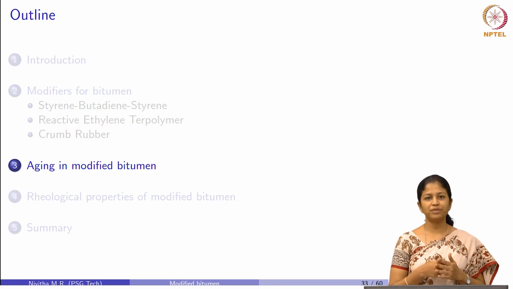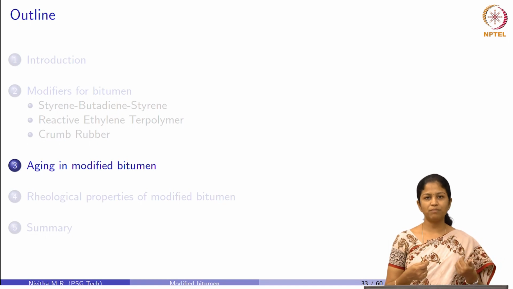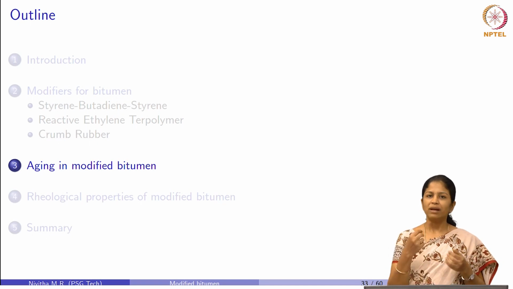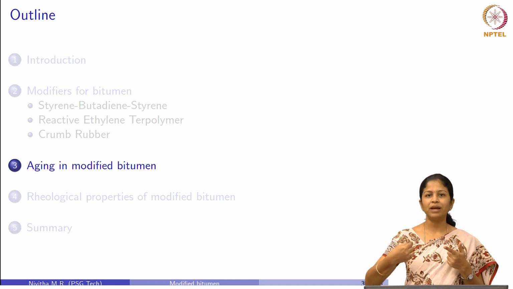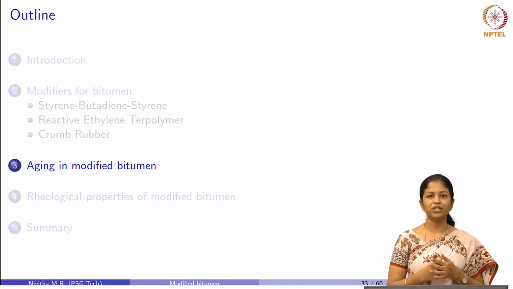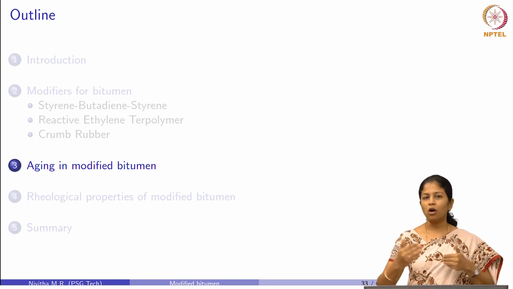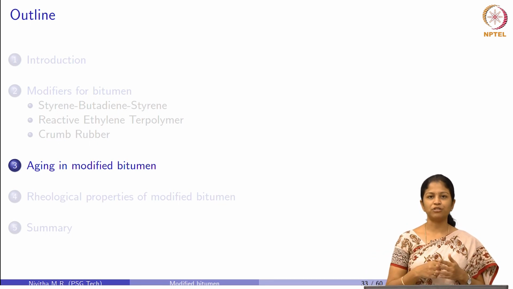However, in the case of certain modifiers like plastomers, we don't have any long diffusion process happening. There is diffusion of lighter fractions into polyethylene, but this polyethylene absorbs only a very small fraction of lighter fractions, and hence we don't have to provide a long time for this digestion process to occur.